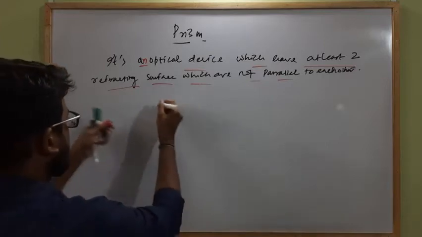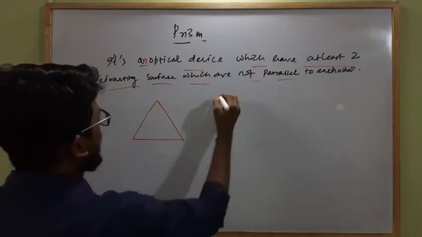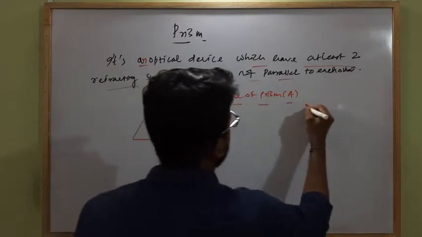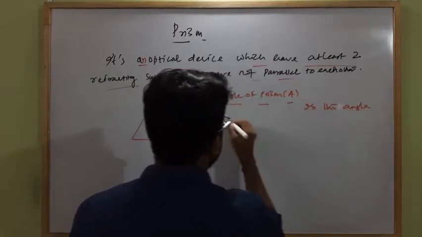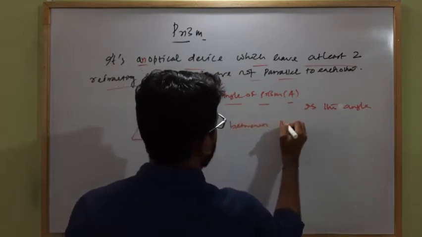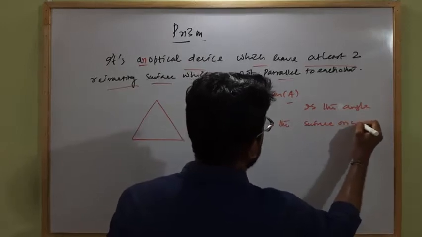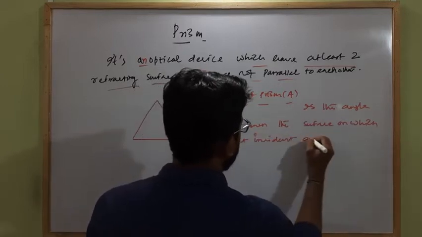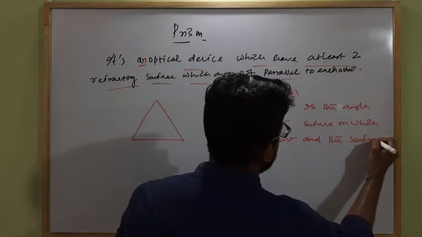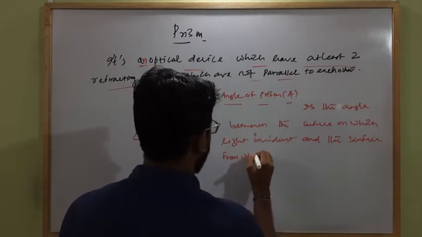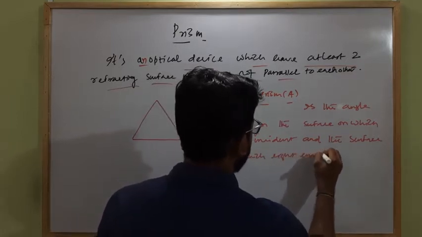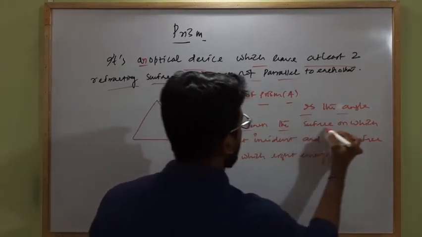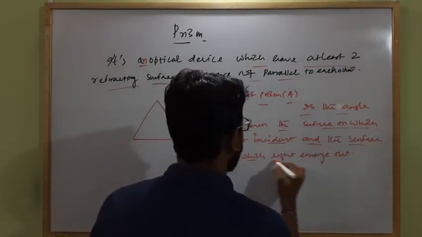In this type of prism, which is a triangular prism, the angle of prism, which is denoted by A, is the angle between the surface on which light is incident and the surface from which light emerges out.